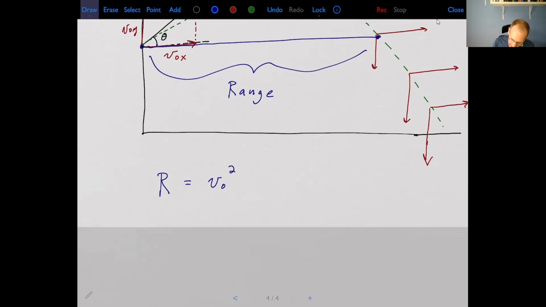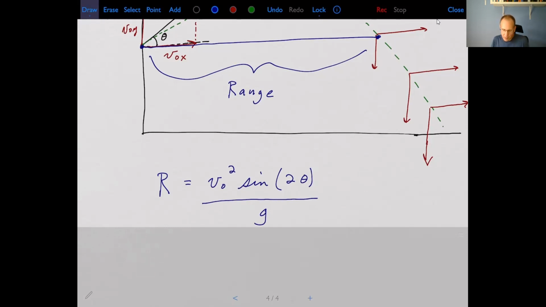It depends on the launch angle, and the factor is the sine of 2 times the launch angle. It also depends on how strong gravity is, the acceleration due to gravity, so we divide all this by G. That's the formula for range: the launch speed squared times sine of 2 times the launch angle, all divided by G.